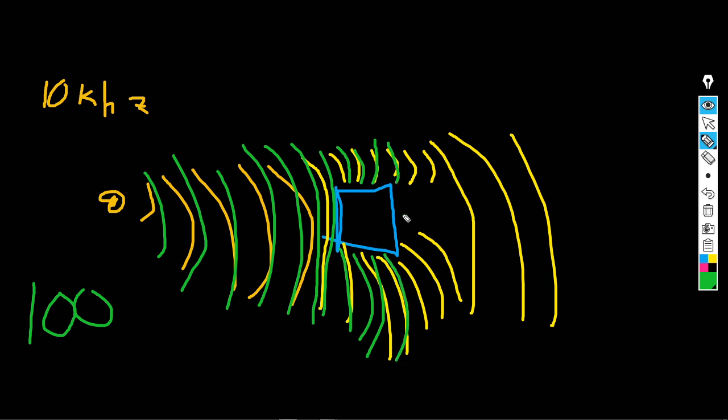But anyway, as it comes around the edges, it almost immediately gets back together such that there's very little dead room, as you would call it, behind the building. So the width of this object, relative to the size of the wave, is what determines how small this dead zone is.